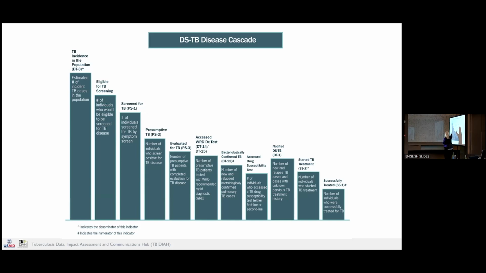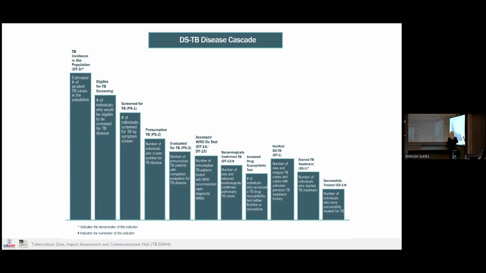But then the rest is logical: how many individuals were screened, how many presumptive TB, how many presumptive TB examined by TB specialists, how many of them, well, not all of them were gene expert tested, and then that many were bacteriologically confirmed cases.